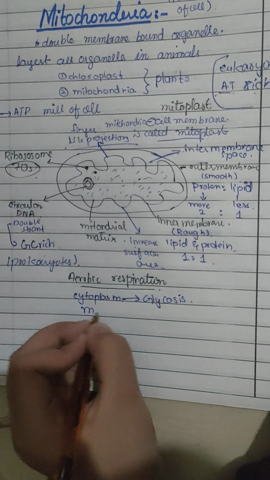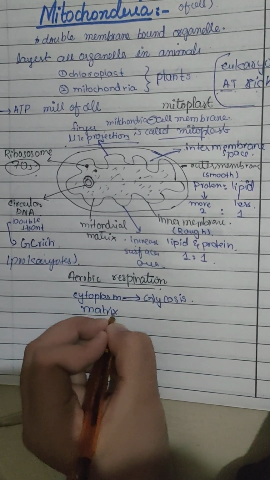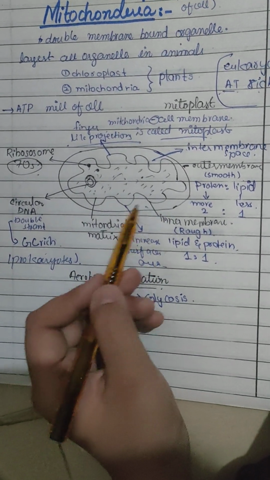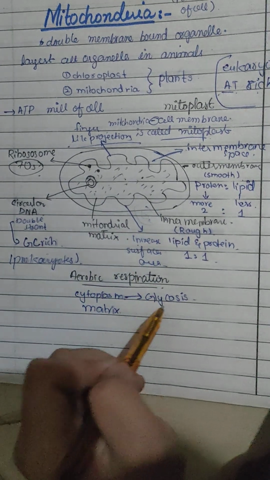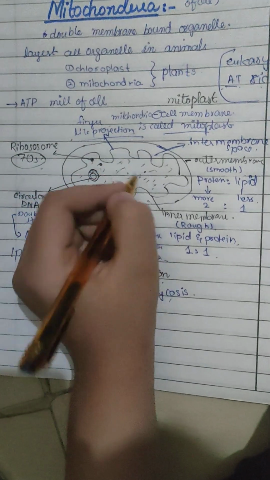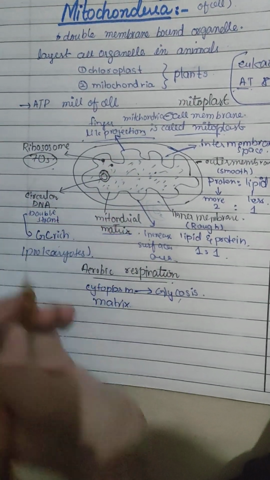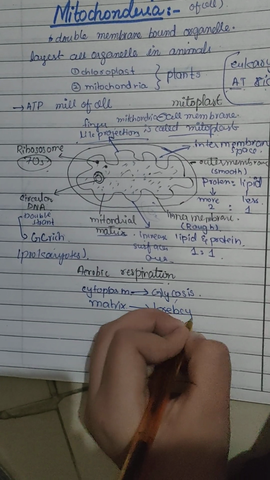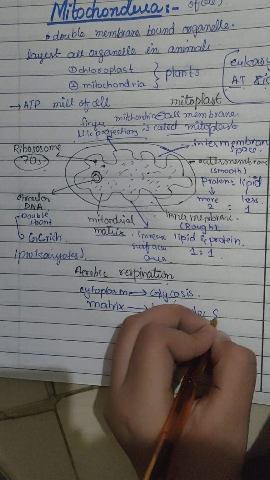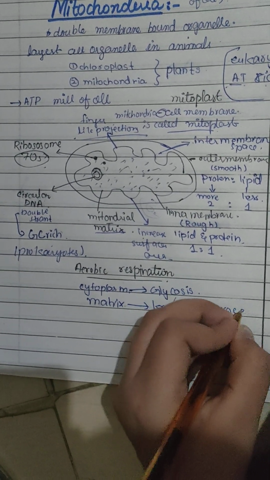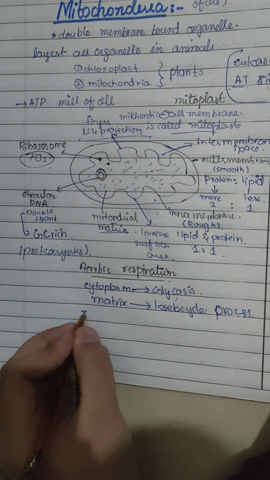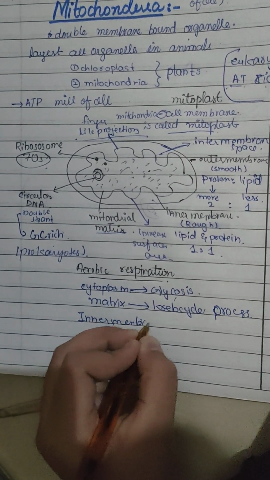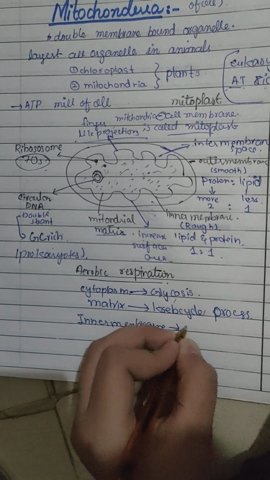Fine. Okay, in the cytoplasm the process that occurs is glycolysis, while in the matrix. Cytoplasm, in the cell here we have cytoplasm, in that the glycolysis process occurs. In this mitochondrial matrix, here Krebs cycle process occurs. Fine. While here in the inner membrane, the process that occurs is electron transport chain.